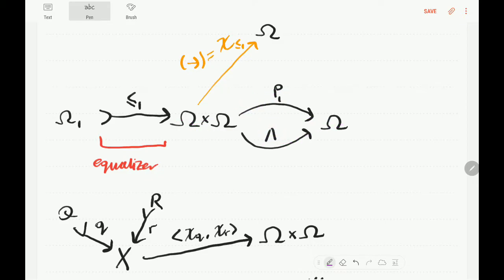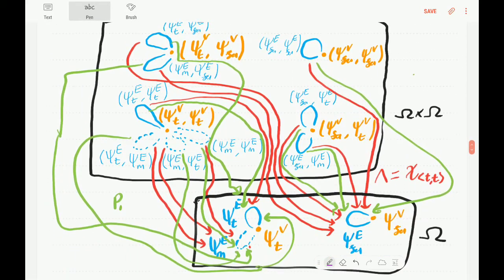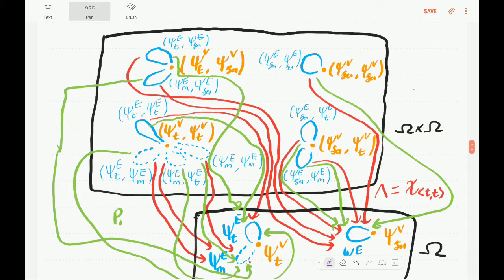And then we find the equalizer of them. So it's a bit laborious, but we can do it. So here's omega times omega at the top here. By the way, I think previously I had a little typo. I had an M here where I should have had a false. Anyway, I've corrected it now.